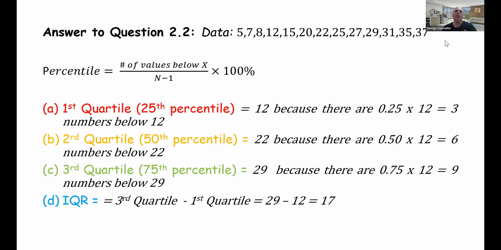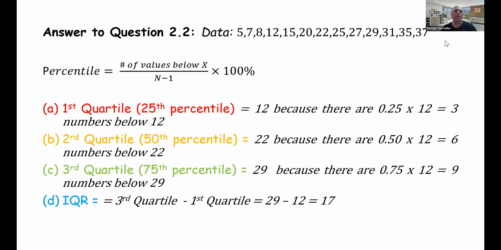So now we need to find the number in the sample such that there are 9 numbers below it, and this is clearly 29, the position of which is the 10th place. So there are 9 numbers below 29. That means the 75th percentile, or the third quartile, is 29.